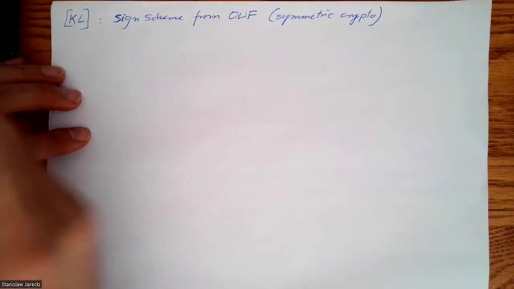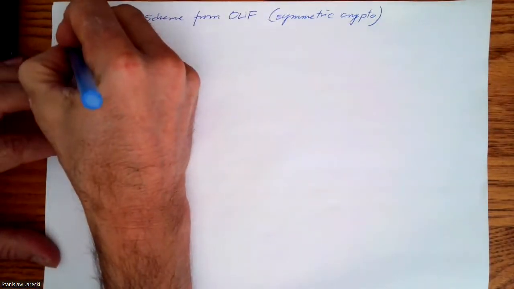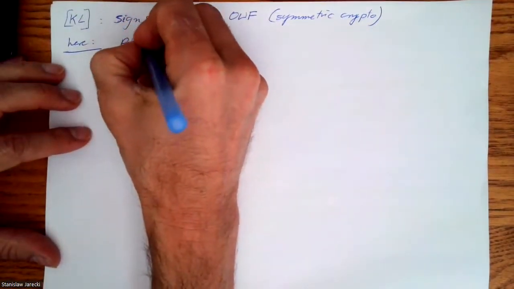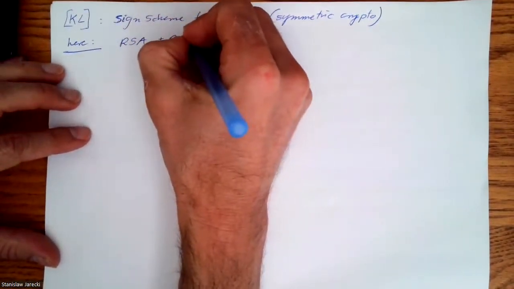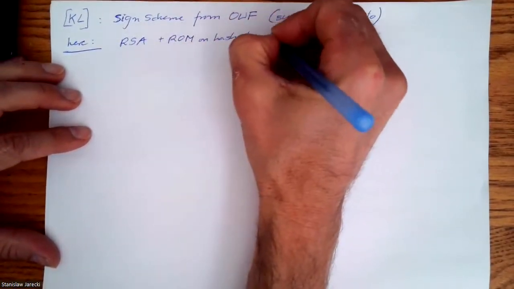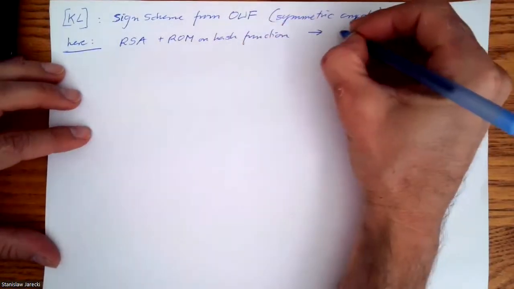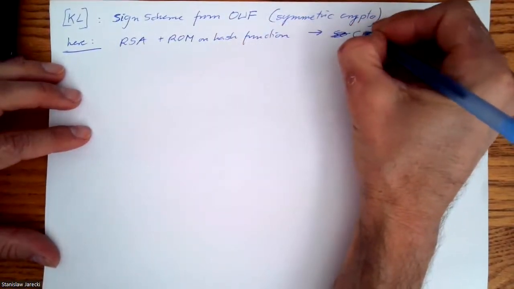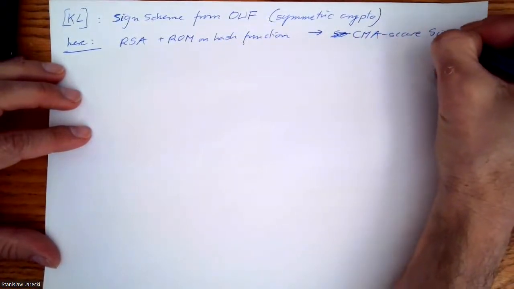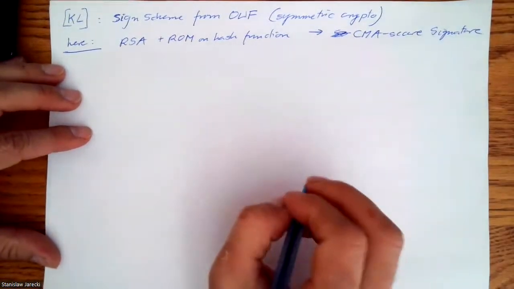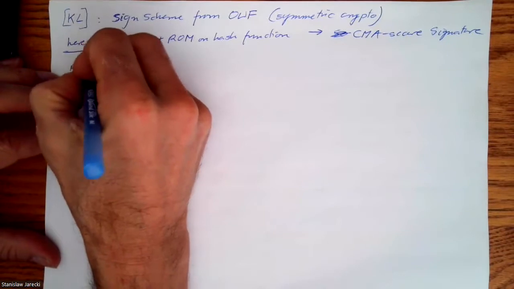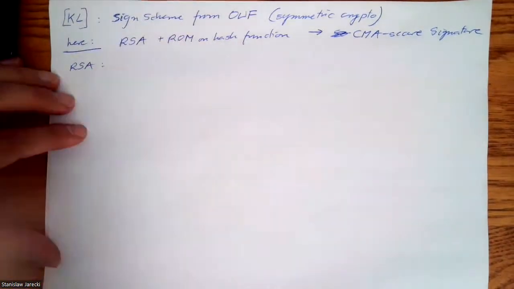What I will give you here first is that RSA plus the random oracle model on a hash function gives you secure, so CMA-secure, signatures. Okay. So let's look at what RSA is.